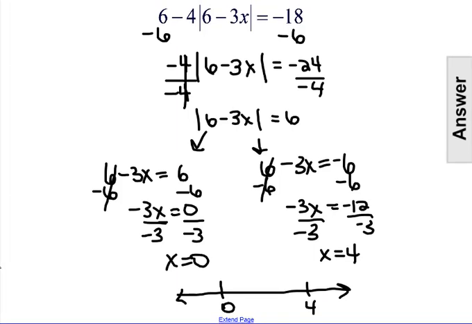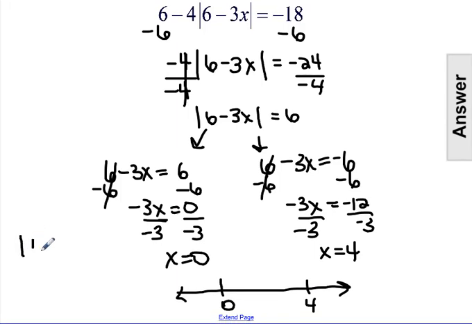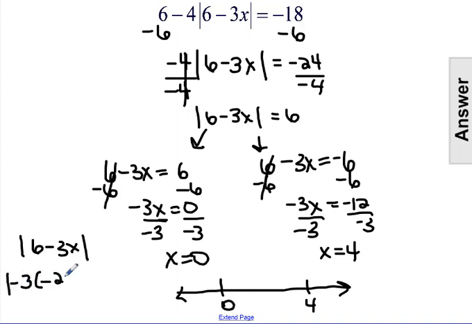Now you also could have looked at the absolute value of 6 minus 3x and taken out that factor of negative 3 to have negative 3 times negative 2 plus x. And then we could have rewritten it as the absolute value of negative 3 times the absolute value, and we can even switch this to be x minus 2, a more familiar format.